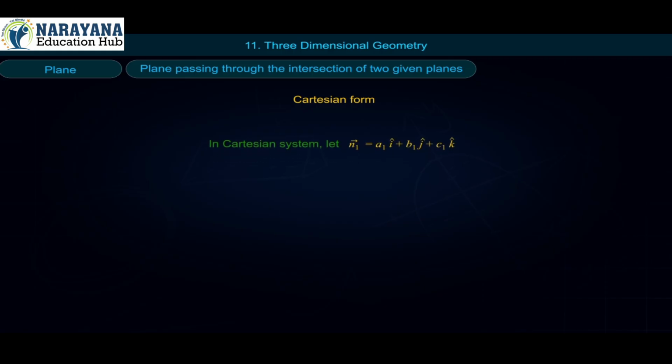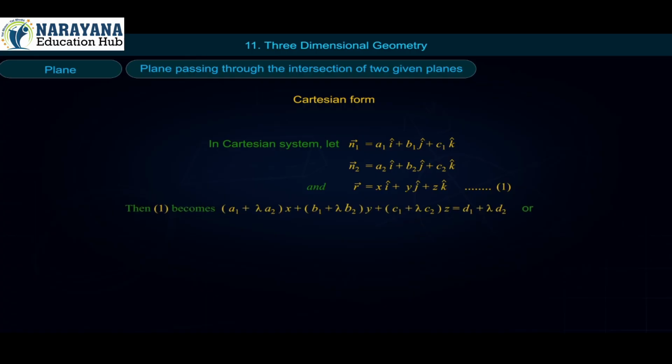Cartesian form. In Cartesian system, let vector n1 = a1 i cap + b1 j cap + c1 k cap, vector n2 = a2 i cap + b2 j cap + c2 k cap, and vector r = x i cap + y j cap + z k cap.